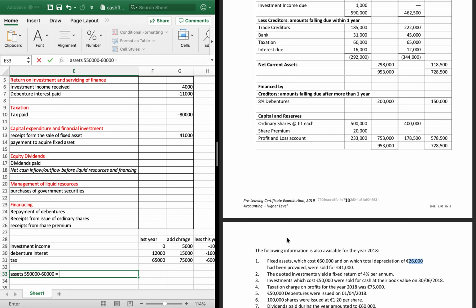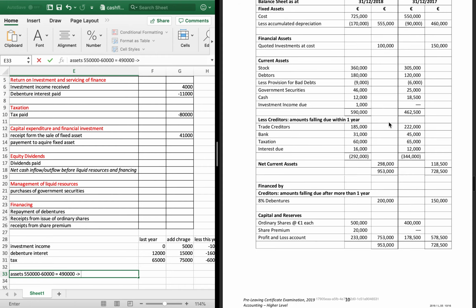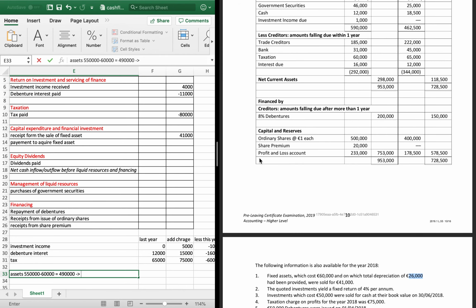So they've gone to 490, and then they've gone from 490 up to 725. So we must have bought an asset costing the difference between the two of those, which would be 235,000. So our cash position has gone down by 235,000.